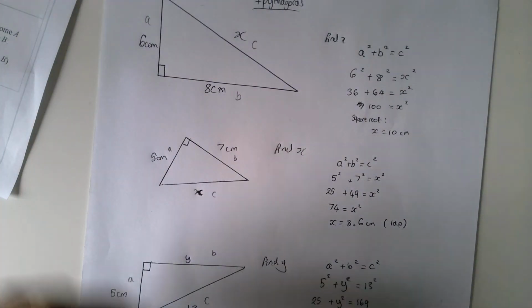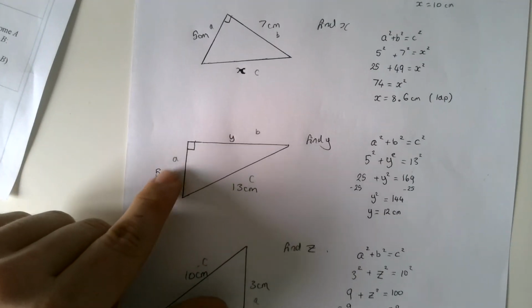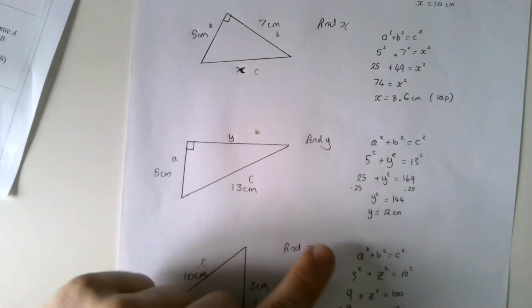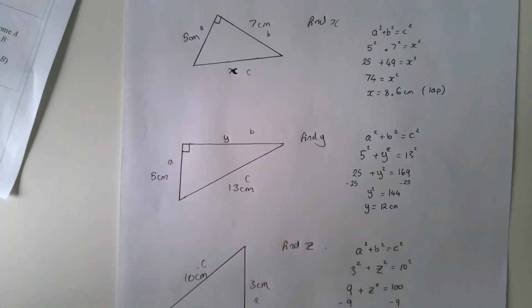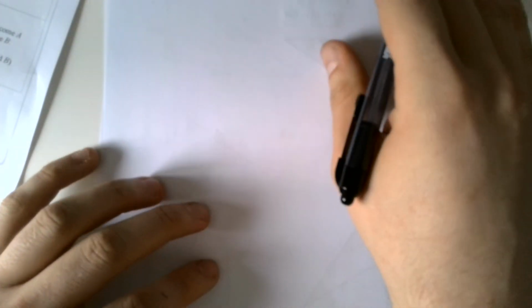It gives me 100. Same with down here. If I square 5 and square 12, and add them together, it gives me 169. That's a perfect square. So that is a really specific example. Those 3 numbers are specific examples of Pythagorean triples.